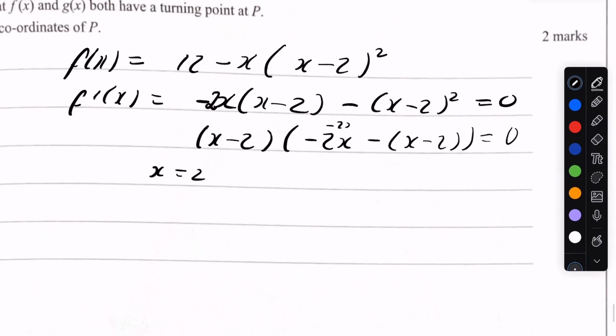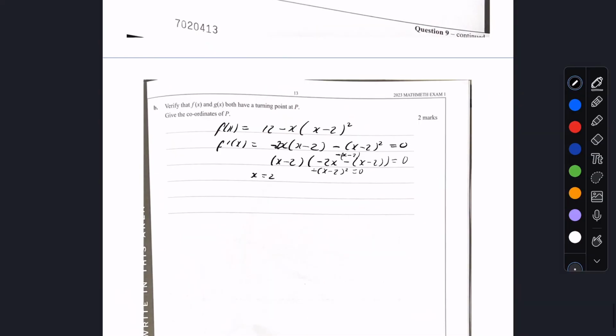Negative 2x minus x plus 2. So that is negative x plus 2, or 2 minus x. Or you can take out a negative and have x minus 2, and this is just negative (x minus 2) all squared is equal to 0. So it's at x is equal to 2.